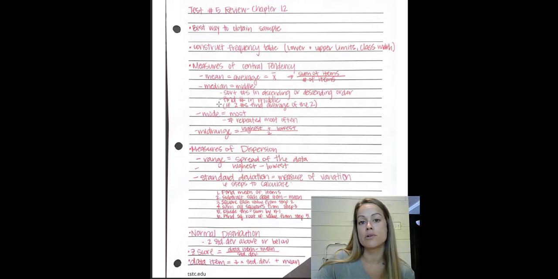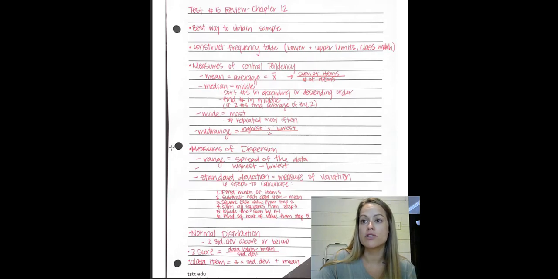If there are 2 numbers that are in the middle, then you have to take the average of those 2 numbers. Mode is the most often repeated number. There can be no mode if there's not a number that's repeated more often than the others. And then the mid-range is basically our average of our highest and lowest. So we're going to add our highest plus our lowest and then divide by 2.